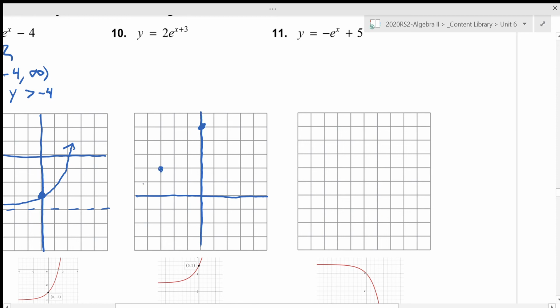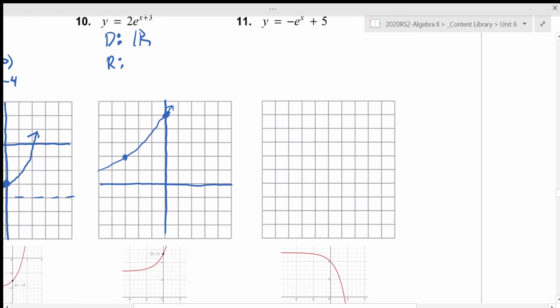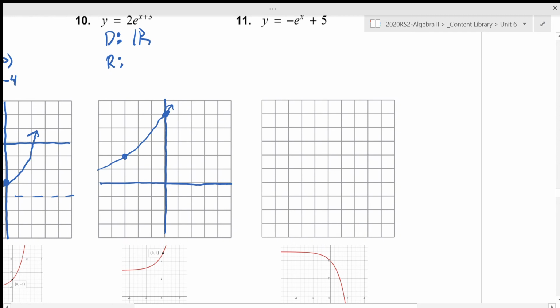And then it has an asymptote of the x-axis again. And there's our graph of the function. Domain is all reals. Range will be 0 to infinity.